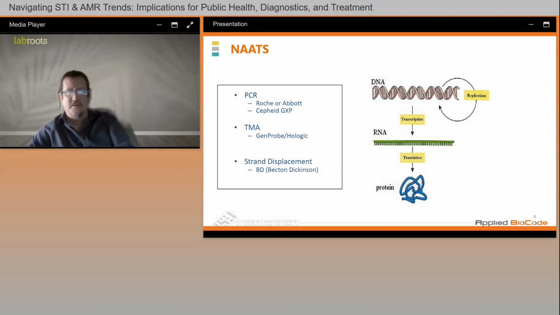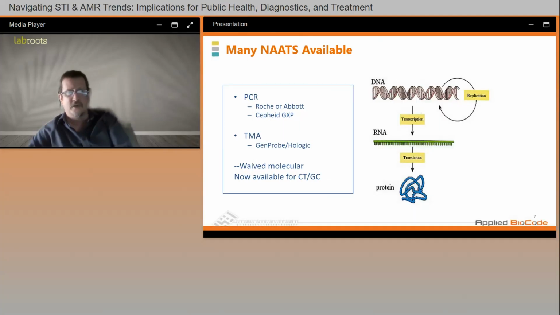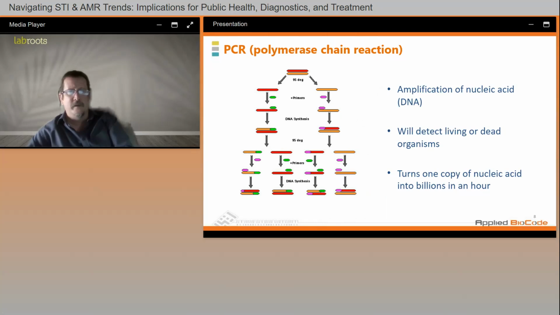So you can see how the central dogma, the ability to copy DNA and the ability to transcribe DNA, has been, through a biotechnology lens, converted into technologies that allow us these sensitive detection methods. There are even waived molecular methods now for like CT and GC, and I'll touch on that briefly.